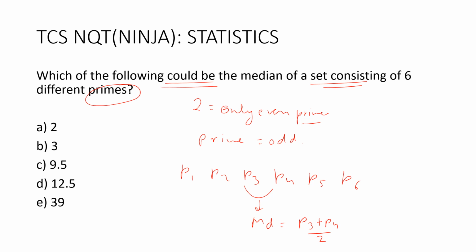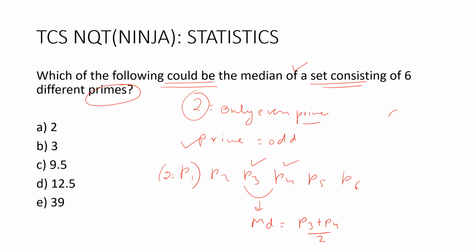And what do I know? Prime numbers are always odd numbers, except for the number 2. Now, if 2 was involved over here, being an ascending set, 2 could only have been over here. Certainly 2 cannot be P3 or P4. That means P3 and P4 are odd prime numbers.